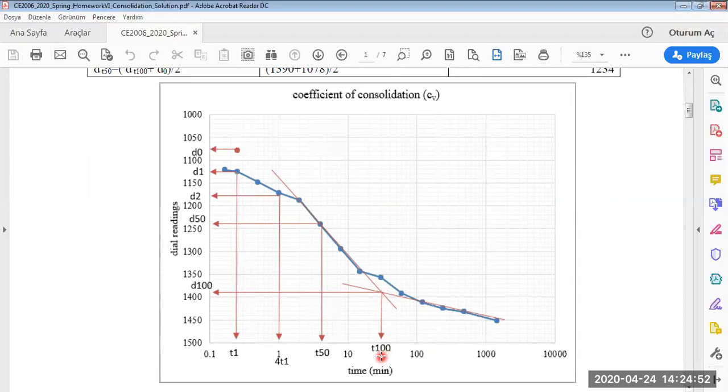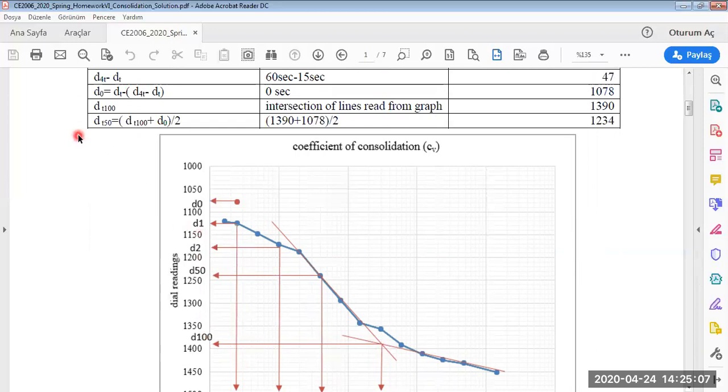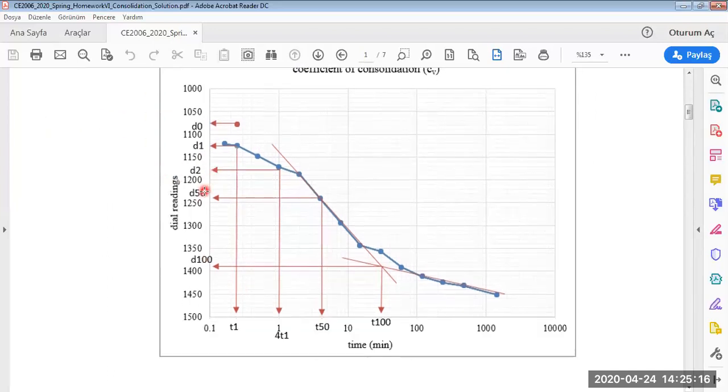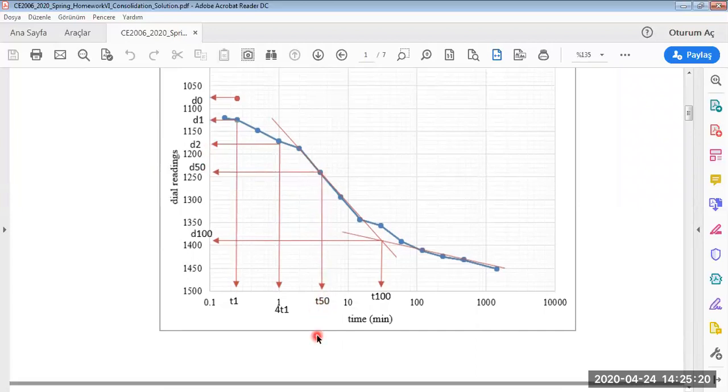It means the consolidation ends at this point. 100% of consolidation corresponds to T100 and D100. From these values, as you see here, we calculate the dial reading for T50. Here the dial reading, and here the time for T50.